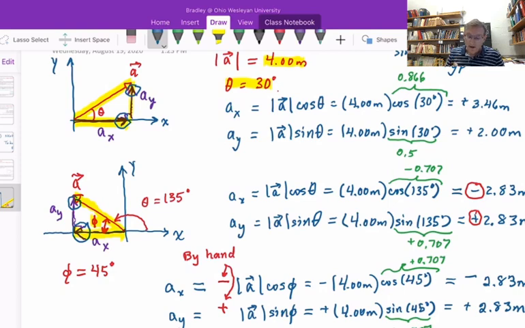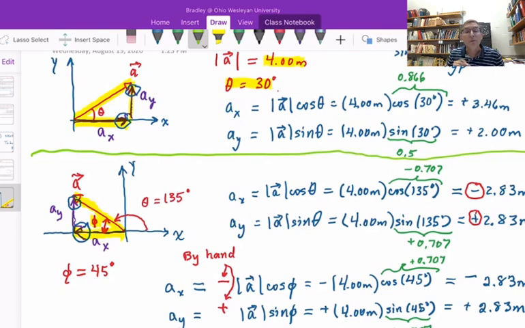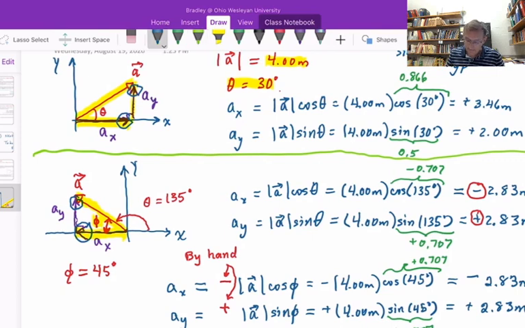Okay, so whenever you have a situation like this, with a vector in either quadrants 2, 3, or 4, anything but quadrant 1, you have two possible ways to calculate the components. You can use the angle theta, measured from plus x, and use the first method that I showed you.